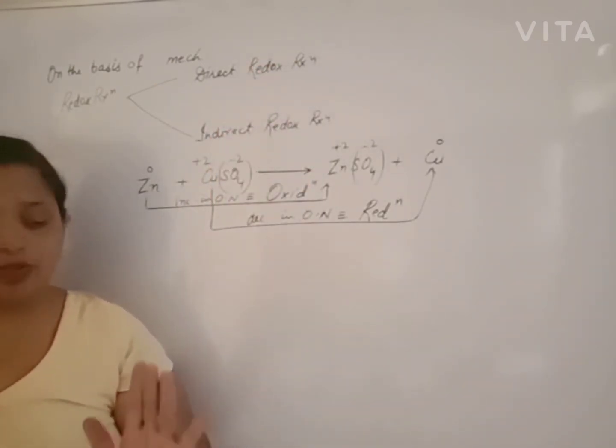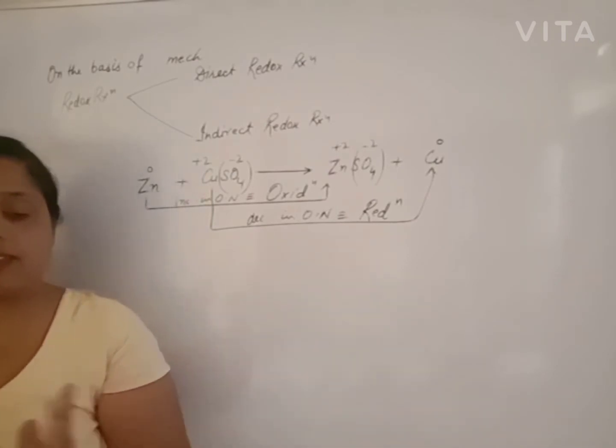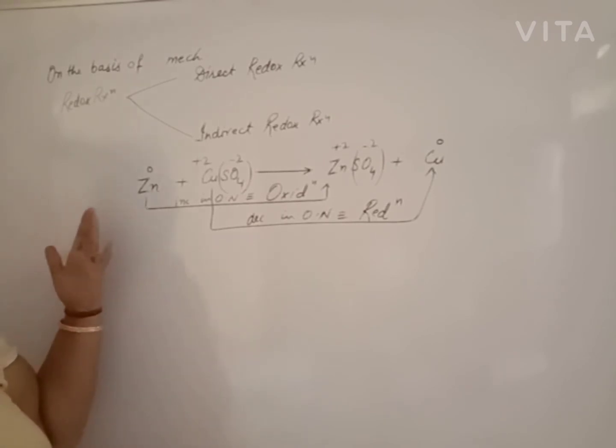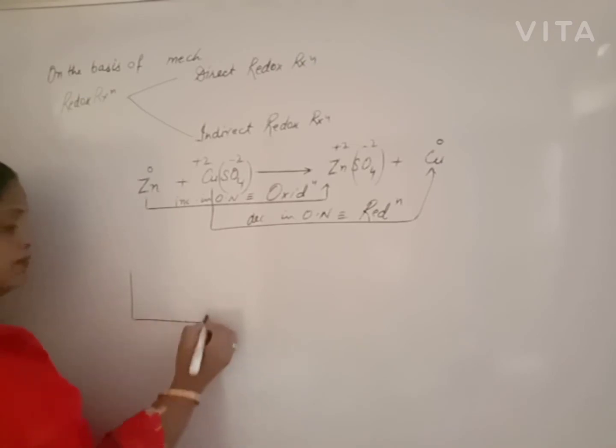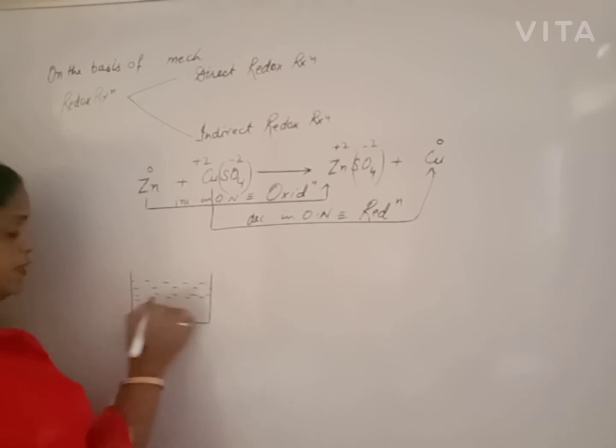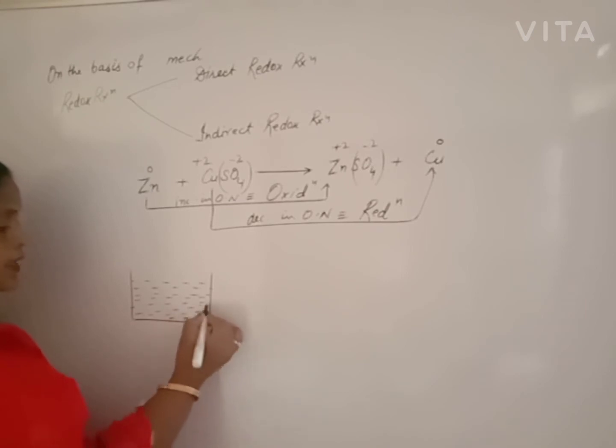If oxidation occurs in one beaker and reduction occurs in another beaker, with separate beakers used for the half reactions, this is known as an indirect redox reaction. Beta, suppose we have a beaker filled with copper sulfate solution. The color of copper sulfate solution is blue, sky blue or light blue.